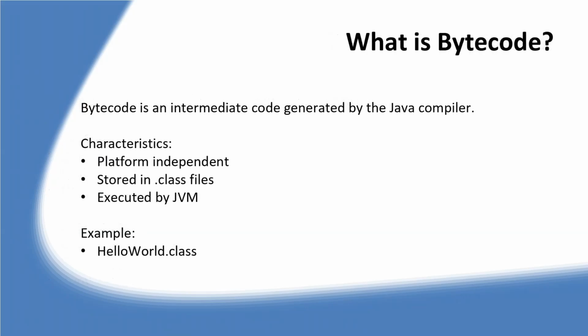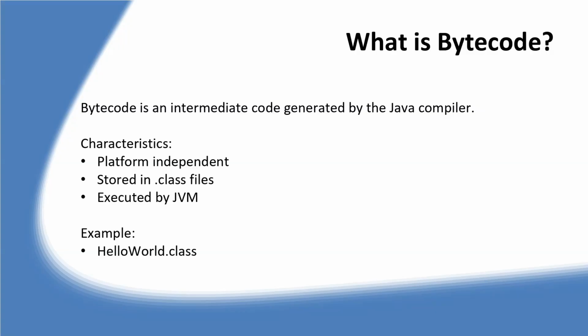So the question comes into mind, what is bytecode? So bytecode is an intermediate code generated by the Java compiler. It is neither human readable source code nor machine code. Instead, it is a platform independent instruction set that can run on any system having a JVM.